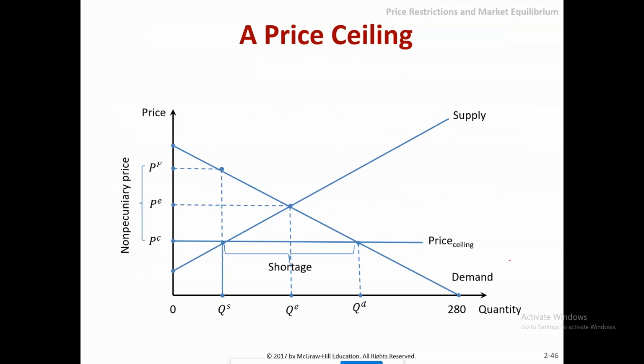Example, I discussed this in my ceiling price floor session. I want you to review. Examples will be like in the pandemic, they set a cap for hand sanitizer, for masks, those regulations. What they will do is simply generate a long-term shortage. So the equilibrium price is supposed to be here.